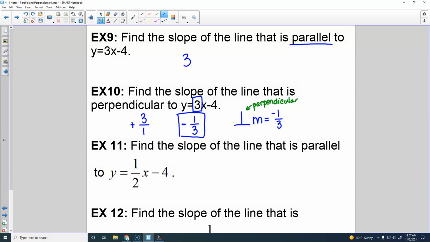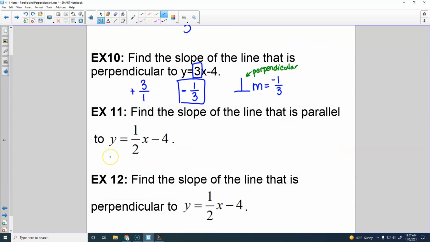All right, so Alyssa, for number 11, it asks us for the slope of the line that's parallel to y equals 1/2 x minus 4. What's the slope of the line that's parallel to y equals 1/2 x minus 4? Not going to be 4, because 4 is our y-intercept. All right, so we're looking at the slope. What's the slope of this line? 1/2.